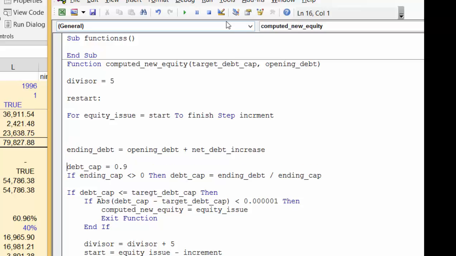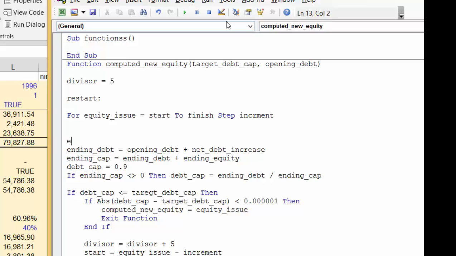Well, I should have put that ending cap is equal to ending debt plus ending equity. Okay, so we're ready to go with that one now.